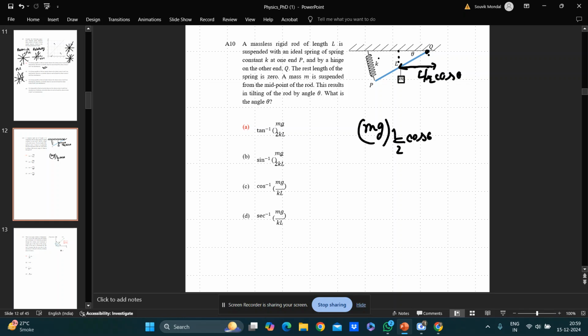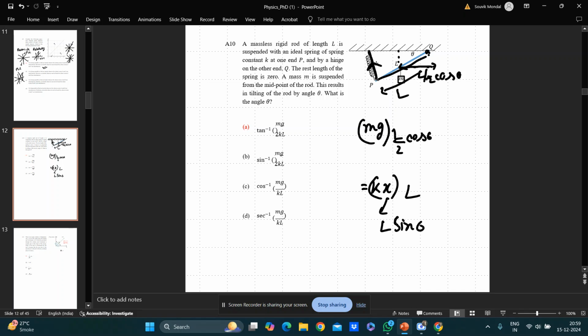Now what is this? This spring will tilt slightly, but you can assume that the extension is almost L sin theta. So the force is k into x, and this is the direction, and the distance of the force from this hinge point is L. So kx into L, and what is x? x is simply L into sin theta.